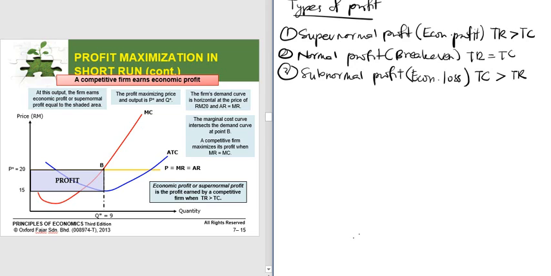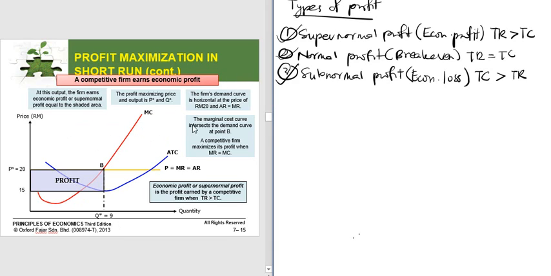Okay, so now I'm going to illustrate how the firms in a perfect competition market earn supernormal profit, normal profit, and also subnormal profit. So let's look at the first slide here.